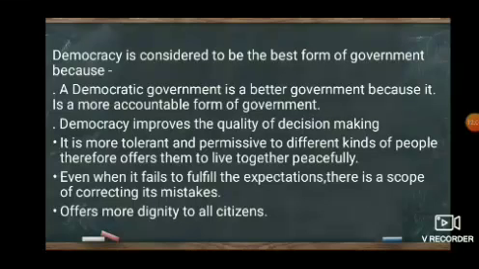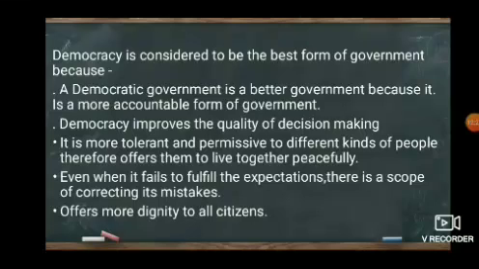Next point, it is more tolerant and permissive to different kinds of people, therefore it offers them a way to live together peacefully. If in a country conflicts arise between different social groups, then there are more chances to resolve their conflicts, and it also offers them a way to live together peacefully.